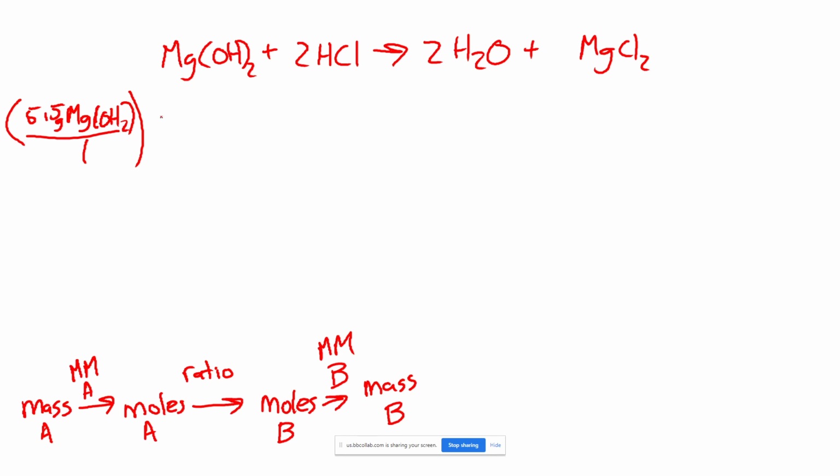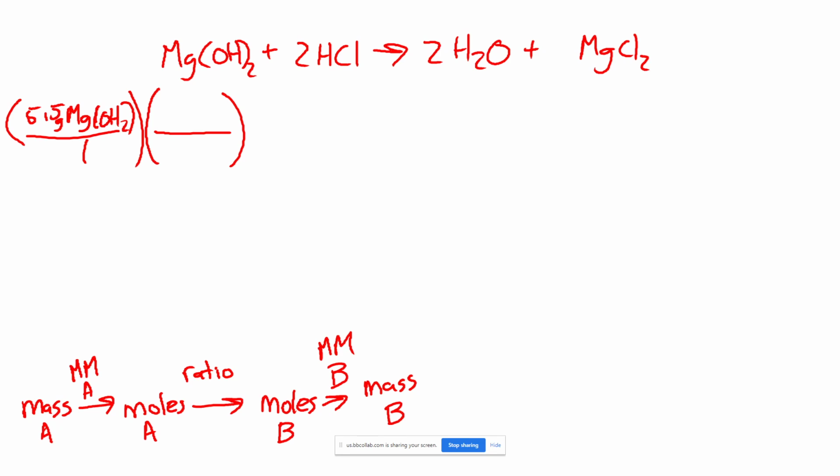So if we go ahead and start plugging these in here, the molar mass of magnesium hydroxide, I do not know off the top of my head. You add that up real quick. So magnesium is 24.31. Hydrogen is essentially 1.01, and we have 2 of them.